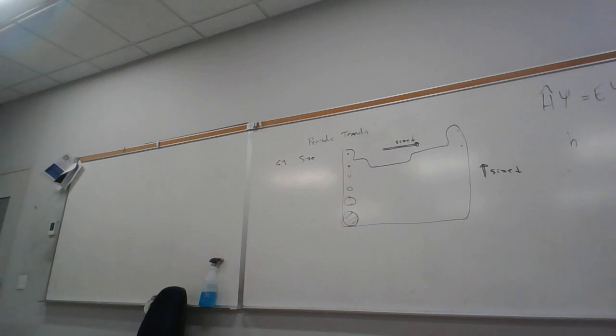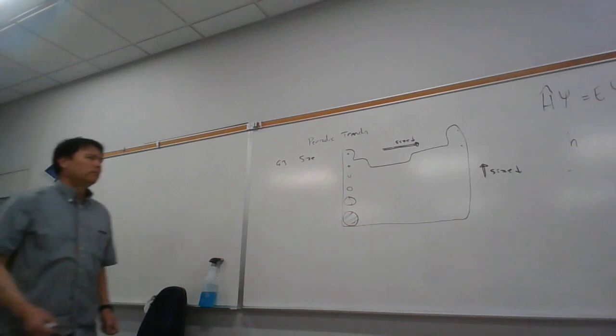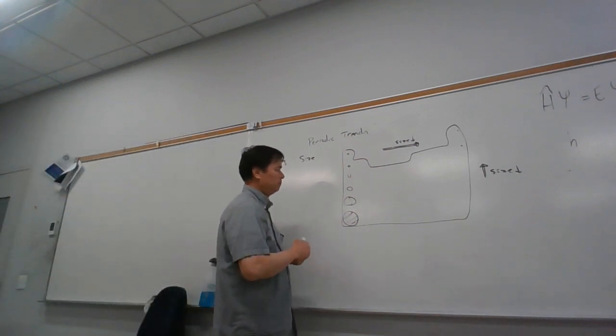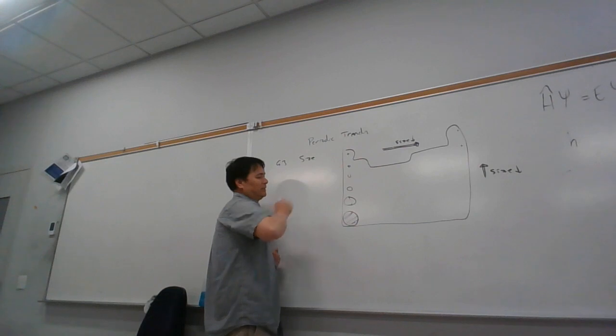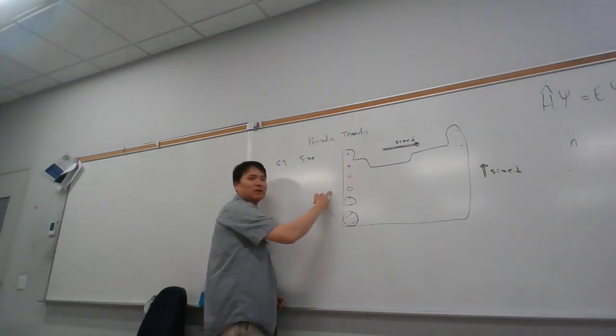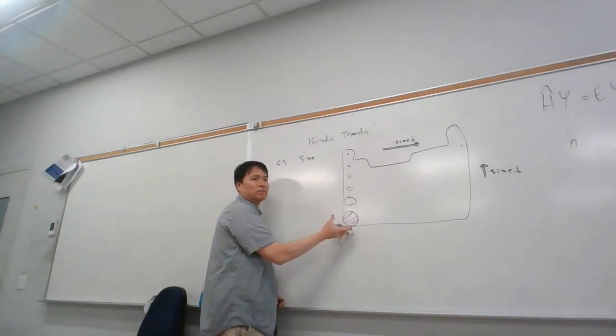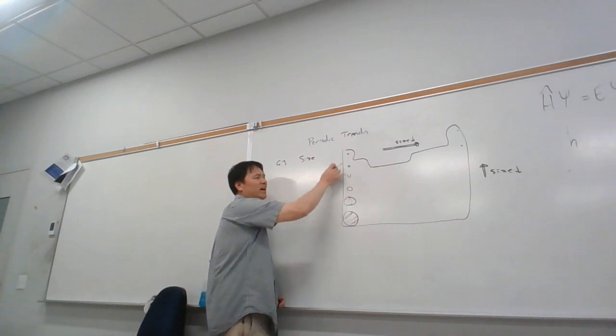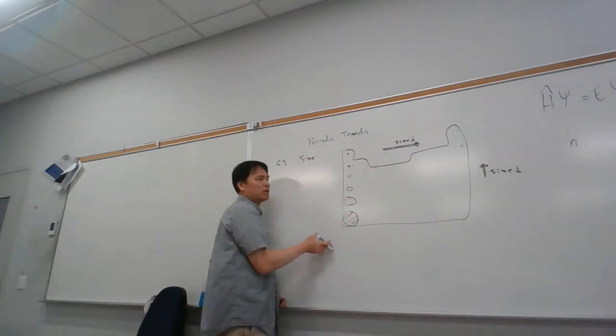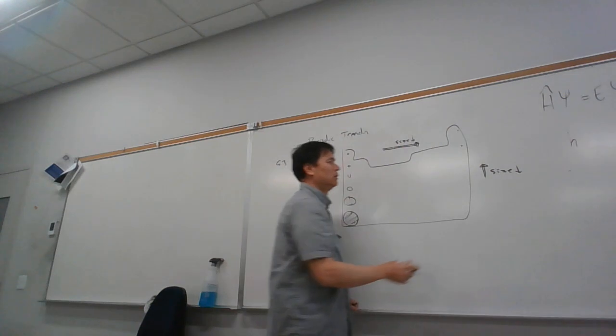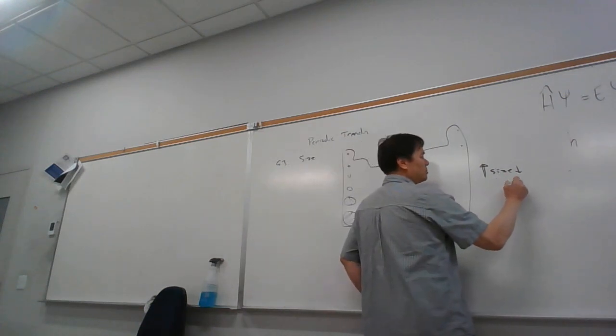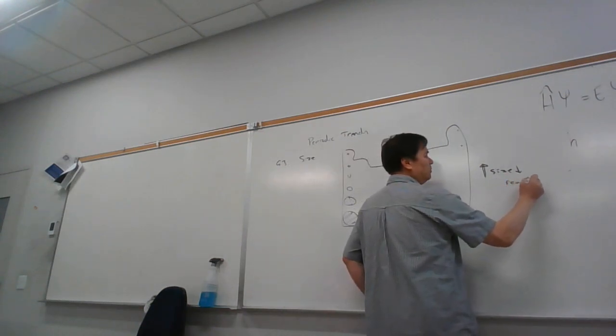Yeah, because it'd be another shell. And so the reason it gets bigger this way is because we're adding another shell of electrons. The reason it gets smaller going up is because we're removing a shell. And so the size decreases because we're removing shells.